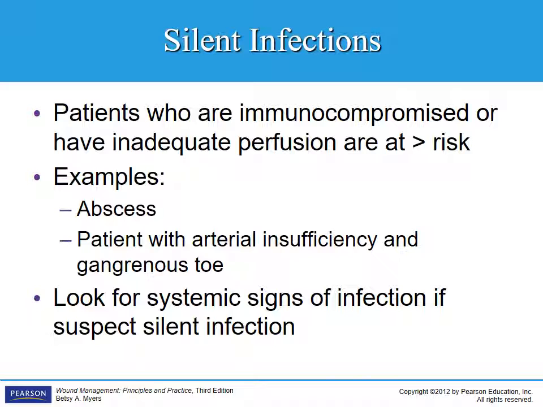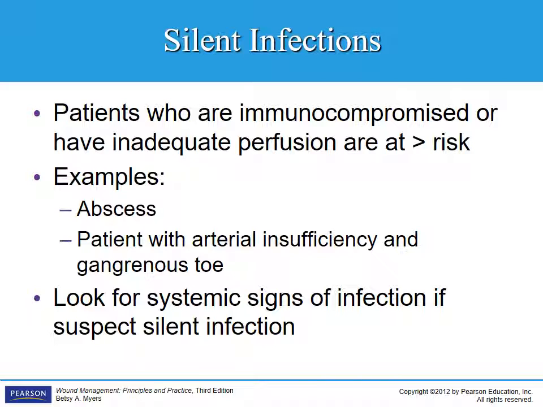All right, let's talk a little bit about silent infections. For patients who are immunocompromised or have inadequate perfusion, there's an increased risk for a silent infection. A lot of times if you're seeing someone in wound care, there may be things going on that, if you're not keeping a really close eye on the wound and how it's healing, you may miss an infection that has been there the whole time.